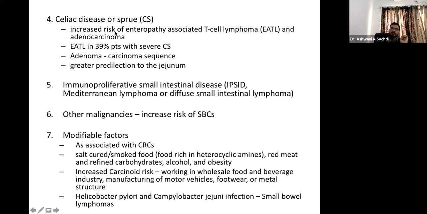Other risk factors are celiac disease or celiac sprue. It is associated with increased enteropathy-associated T cell lymphoma, and in some cases adenocarcinoma. EATL is present in about 39% of the patients with severe celiac sprue, and they have the normal adenoma-carcinoma sequence, and a predilection for developing tumors in the jejunum.